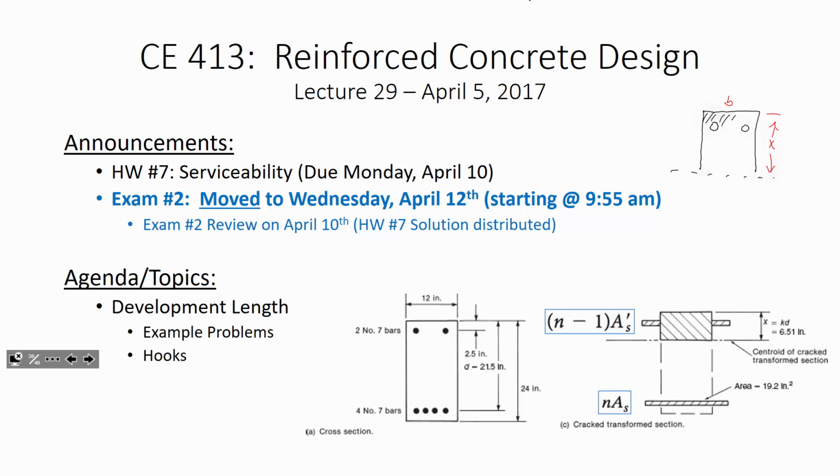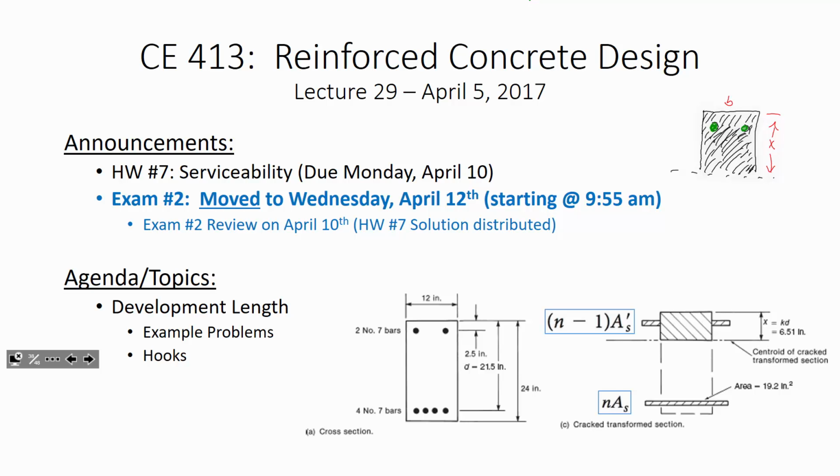So the actual concrete is this area here. You've got these two voids right here that you're replacing with steel. So before, the area of that lump of concrete was b times x. Here it's not. It's bx minus whatever that area of steel is. Does that make sense? That's why you have to have that subtraction. I'm just saying we're not going to double count.